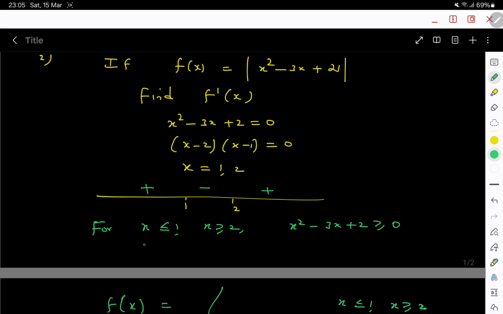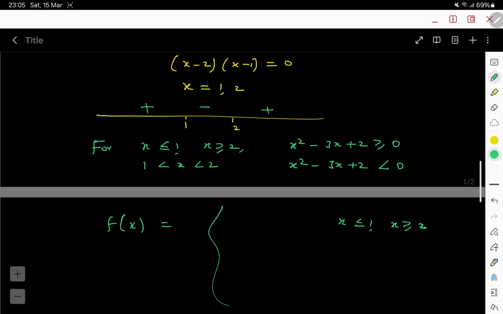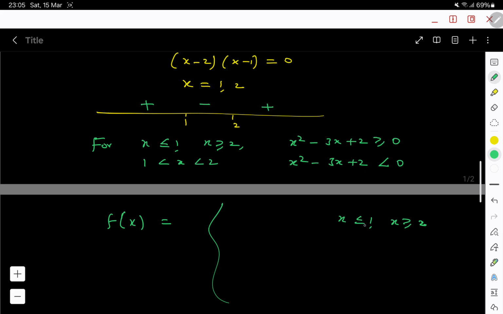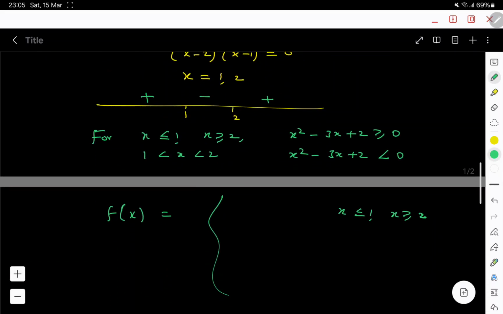So in between, greater than 1 and less than 2, x square minus 3x plus 2 is negative, less than 0, okay. So for x less than or equal to 1 and greater than or equal to 2, x square minus 3x plus 2 is positive, therefore mod is written as plus x square minus 3x plus 2, okay.